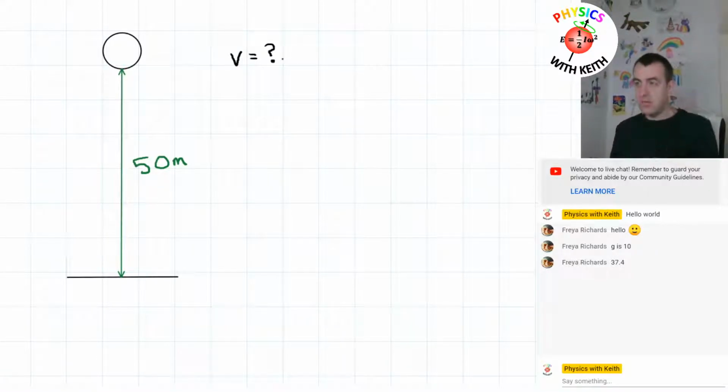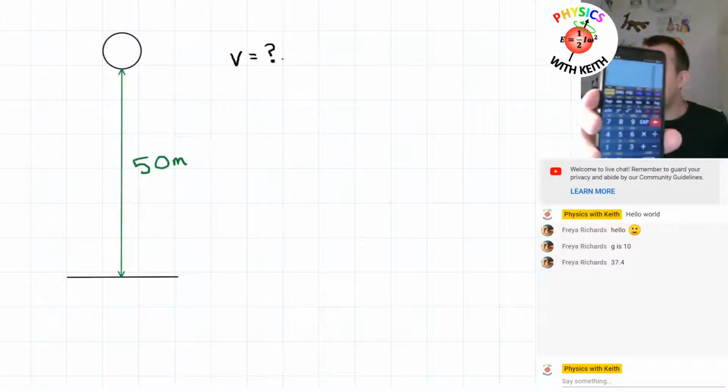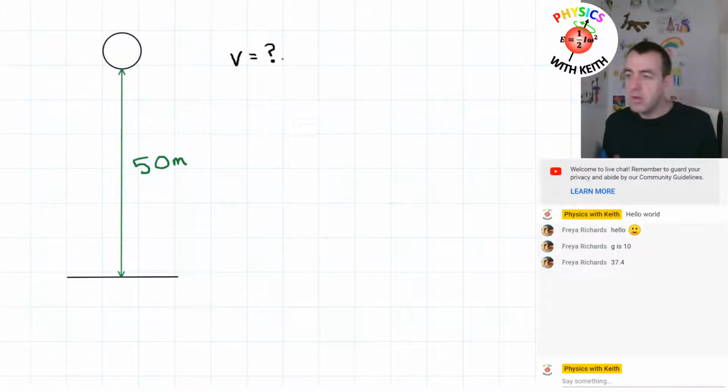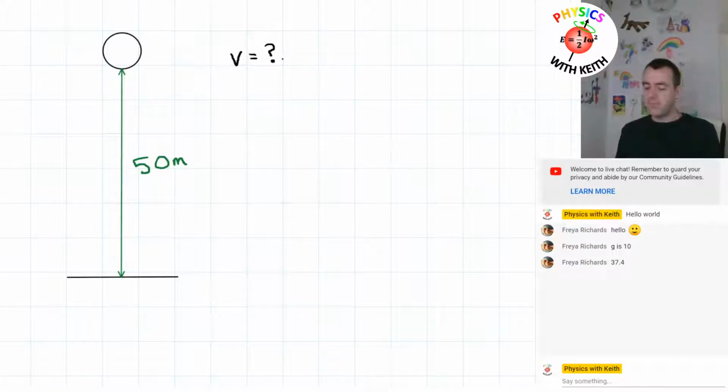I'll work it out at the same time. I've left my calculator at work, so I'm afraid I'm having to use my calculator on my phone, which isn't ideal, but it's okay.